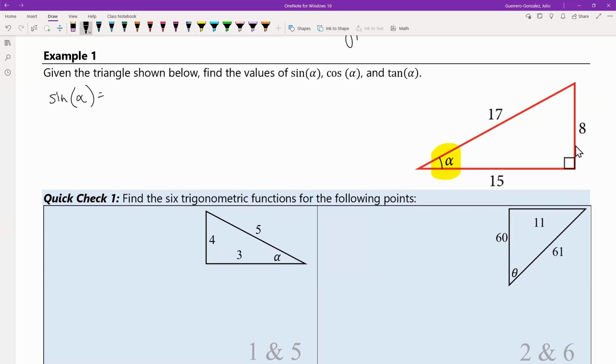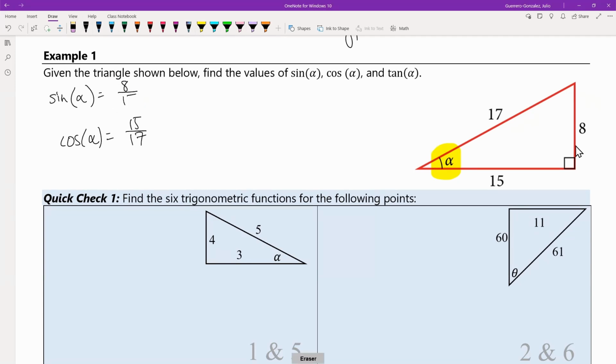For this one, sine of alpha is going to be opposite over hypotenuse, so it's going to be 8 over 17. Cosine of my angle alpha is going to be the adjacent over the hypotenuse, so 15 over 17.